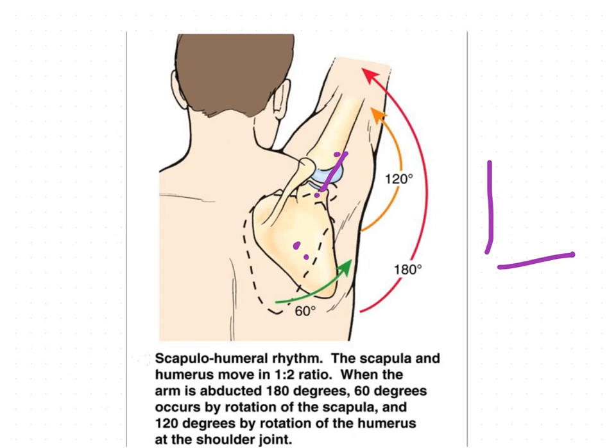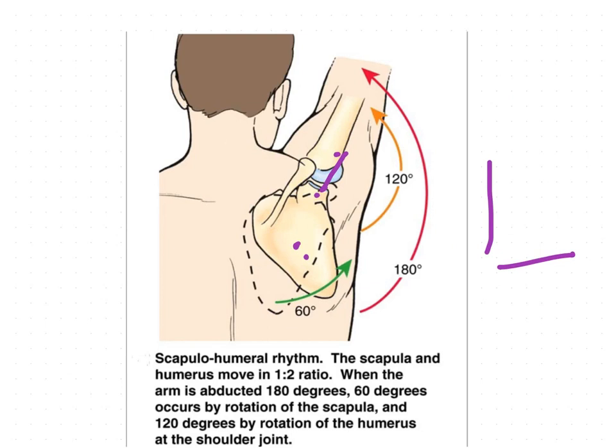During this period, the scapula seeks a position of stability in relation to the humerus. So that is called the setting phase. The initial 60 degrees of flexion and initial 30 degrees of abduction of the humerus, that phase is called the setting phase.